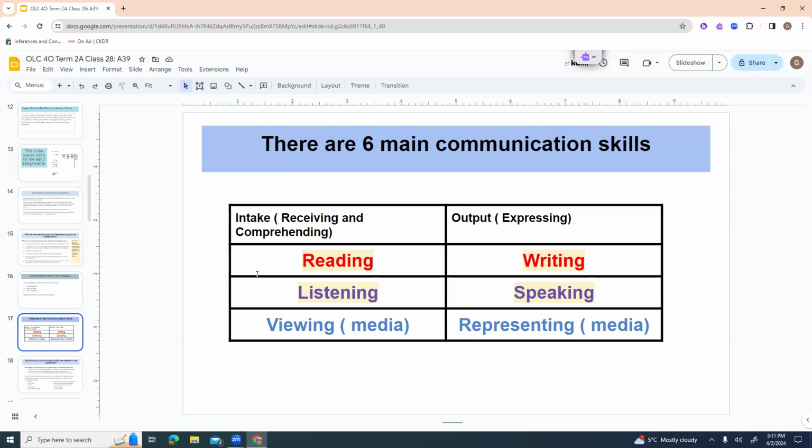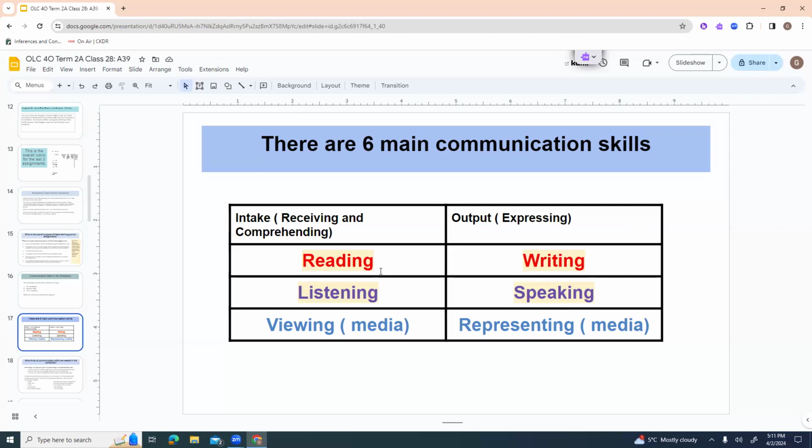On the left-hand side are skills that are intake, essentially our ability to receive or understand information. And then on the right hand is output, our ability to express our ideas in writing, speaking, or representing. So intake is reading, listening, and viewing media. Output is writing, speaking, and representing media.